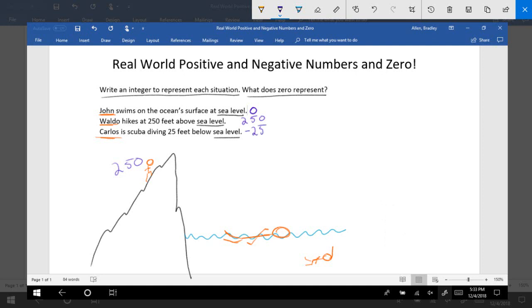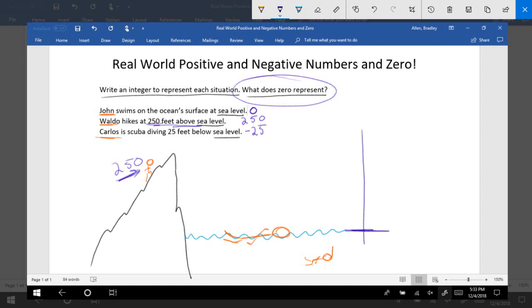Now, if you're having a hard time understanding why, it might be because you're having a hard time understanding this part of the question. So what does zero represent? Well, if Waldo hikes 250 feet above sea level, it says he's 250 feet above, so he's up here, and he's above sea level down here.